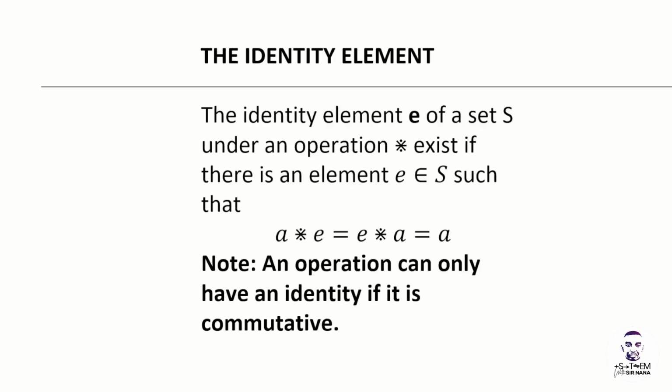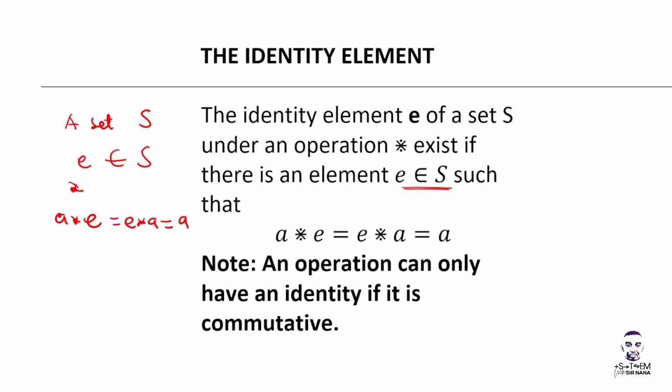To define the identity element, we say the identity element e of a set S. So we should have a set first, and e should be in S for the identity element to exist. Using the operation star, we have a operation e, and we can write it the other way around, e operation a, and that should give us a.